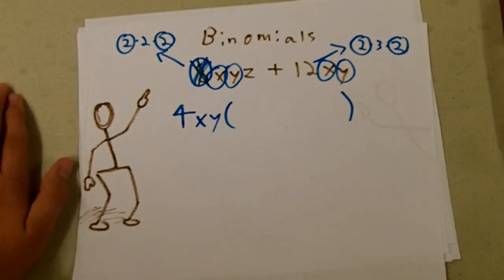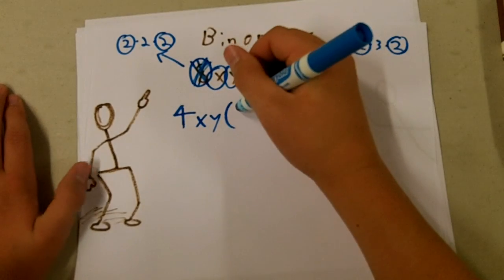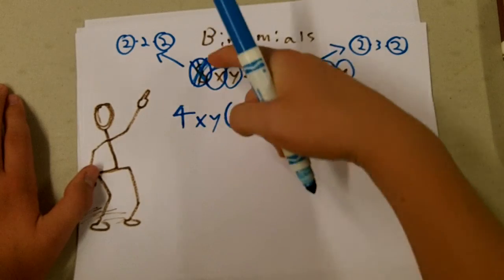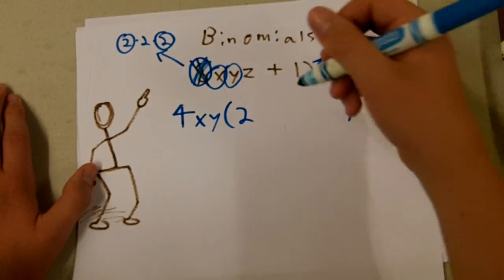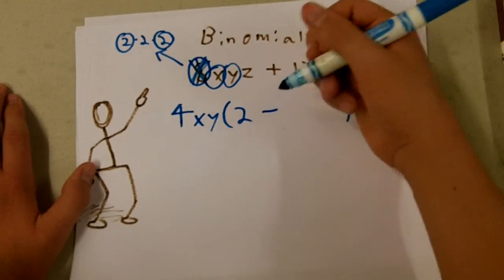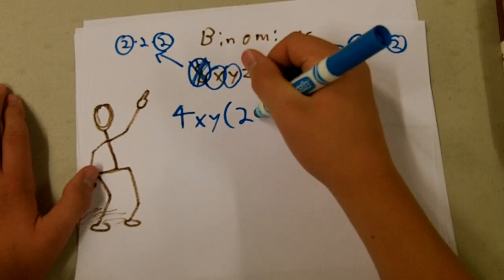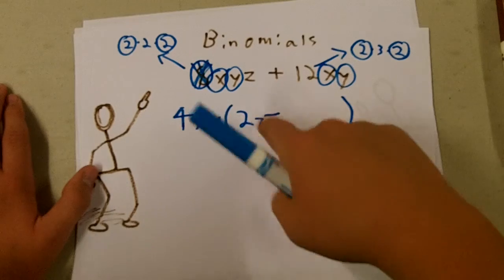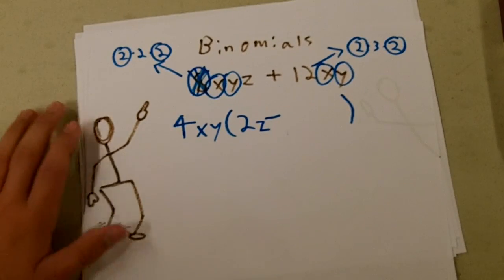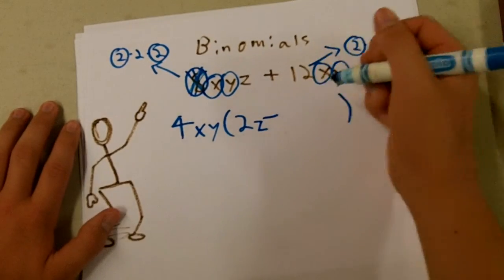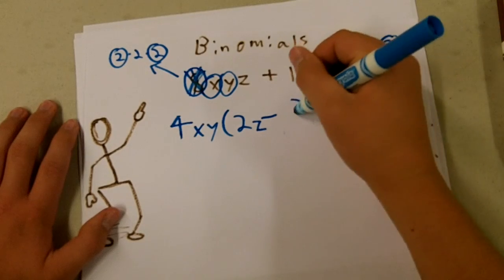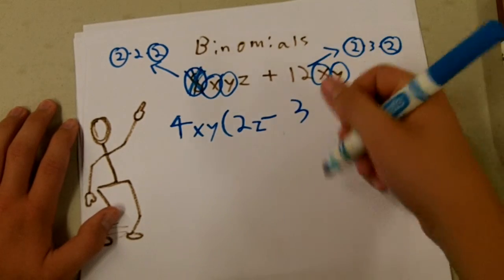And inside these parentheses, we simply include a 2, because 4xy times 2 is 8xy, and a 2z, because there is a z here, and we have to have a z in our answer. So a 2z and a 3 in the parentheses.